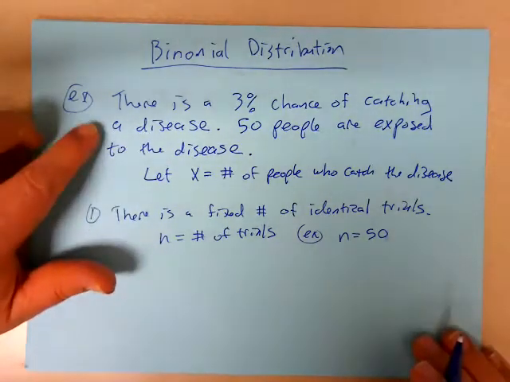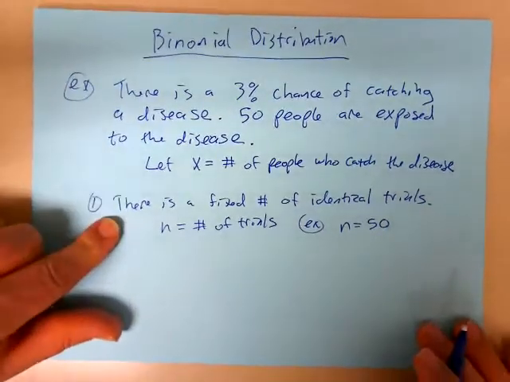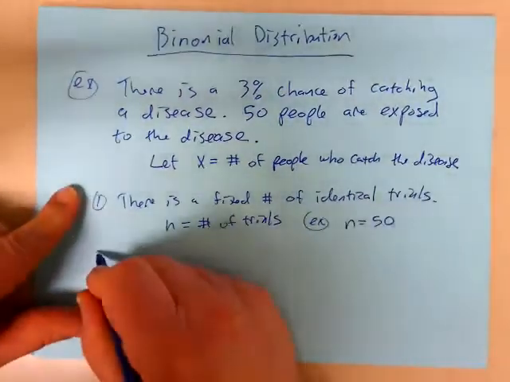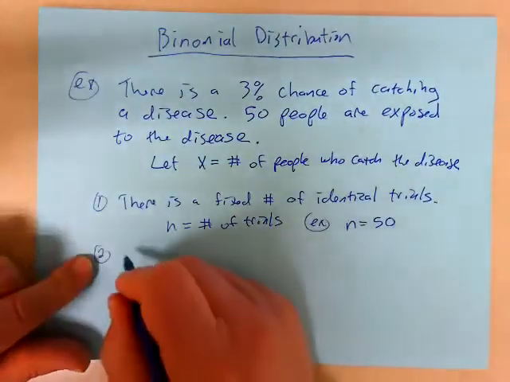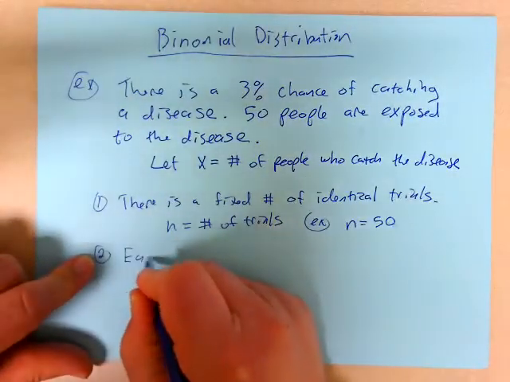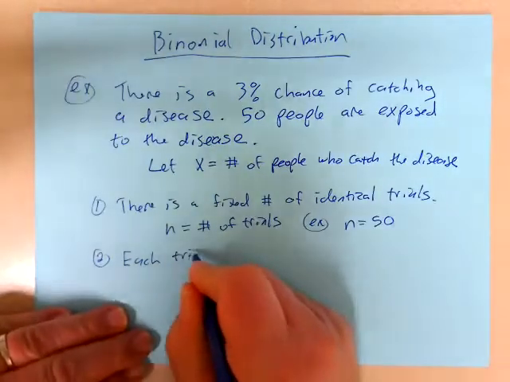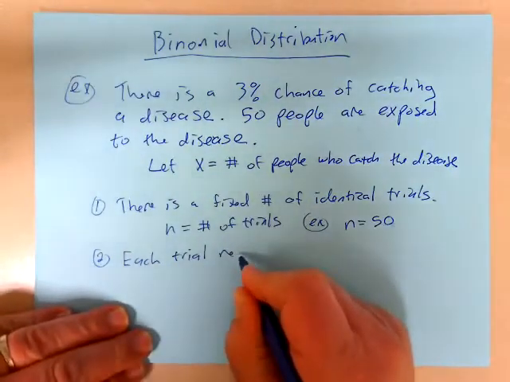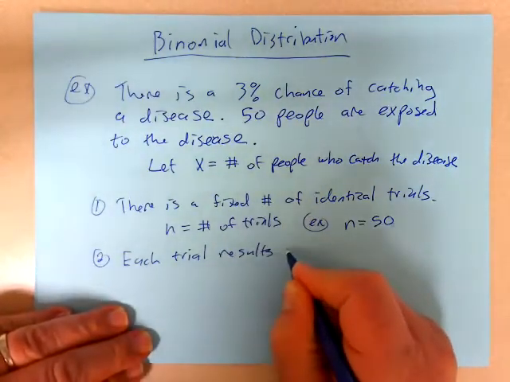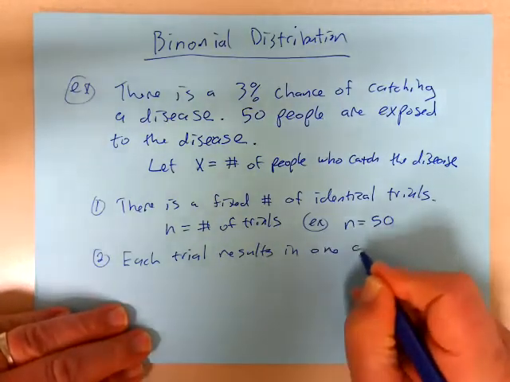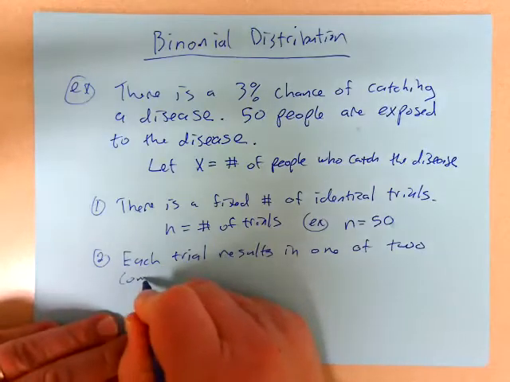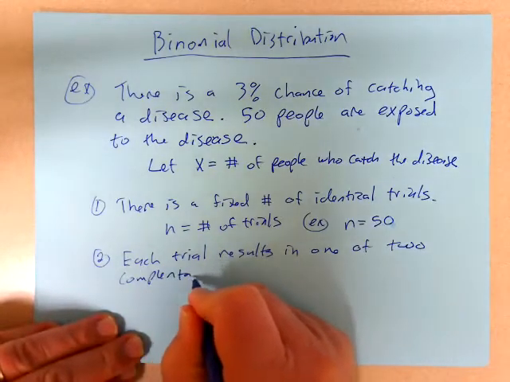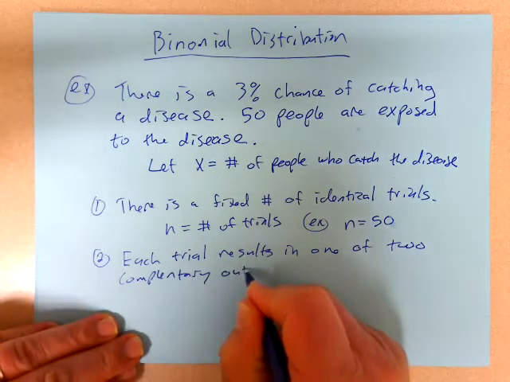Okay, so this is binomial, first of all, because there's a fixed number of trials. Second of all, it's binomial because each trial results in one of two complementary outcomes.